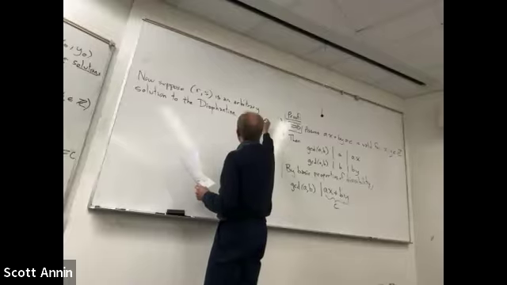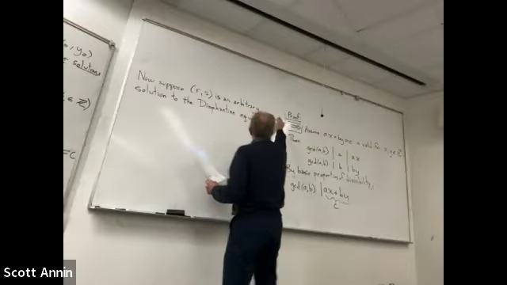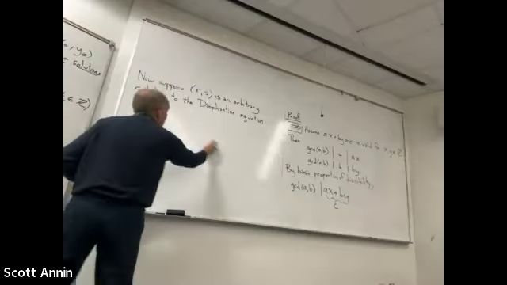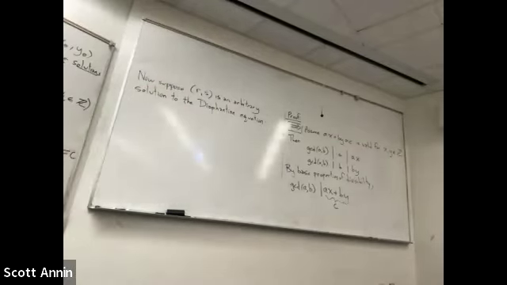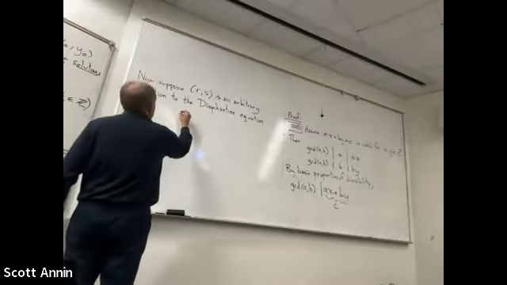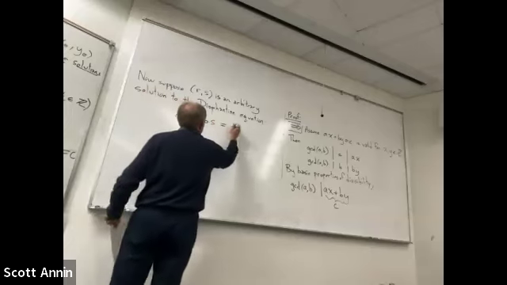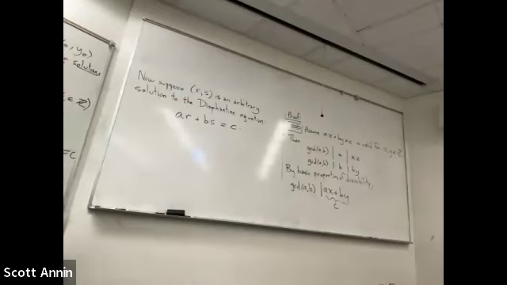It's an arbitrary solution to the Diophantine equation, meaning that a times r plus b times s is equal to c. What I would like to show is that the r and the s must have this form.